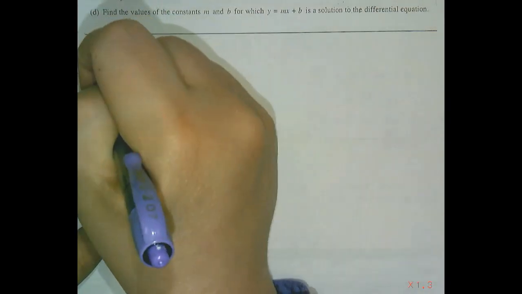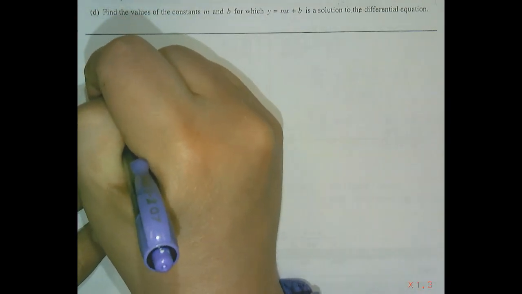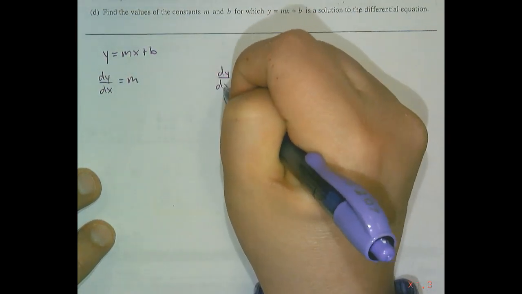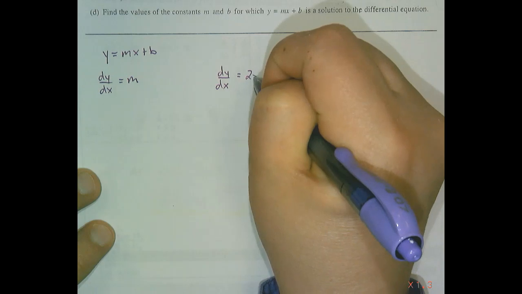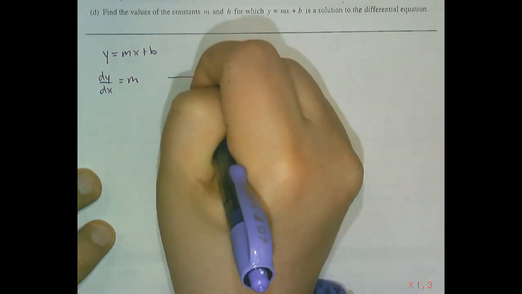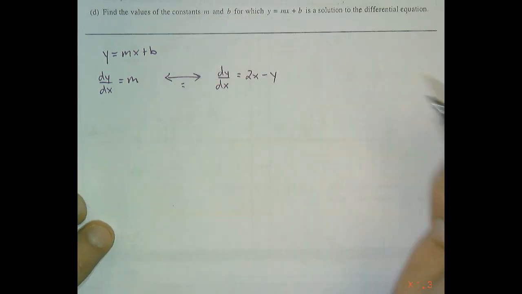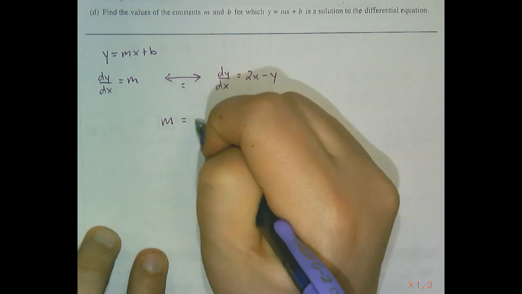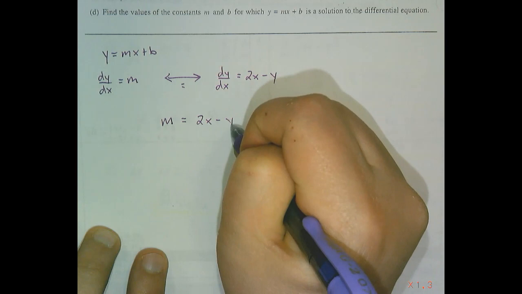So if I find dy/dx for this, it's going to be the same as the dy/dx given. So these two have to be equal to each other. So we can write the expression m is equal to 2x minus y.